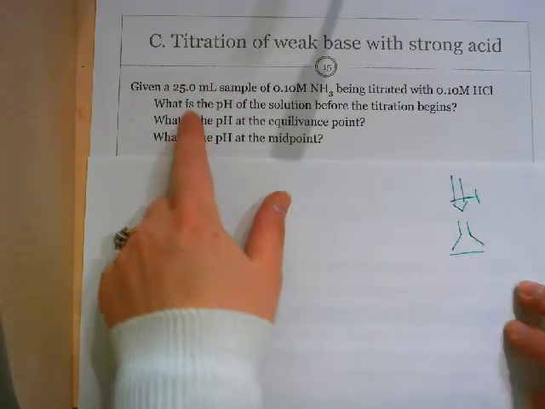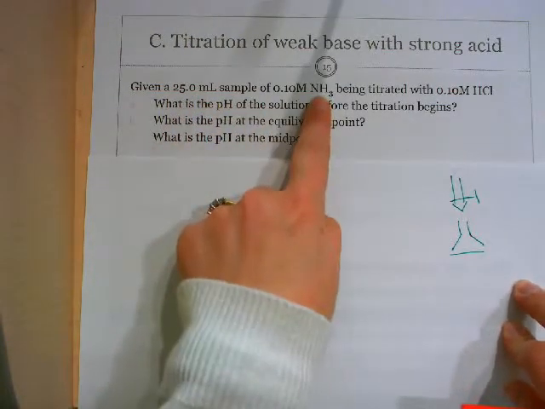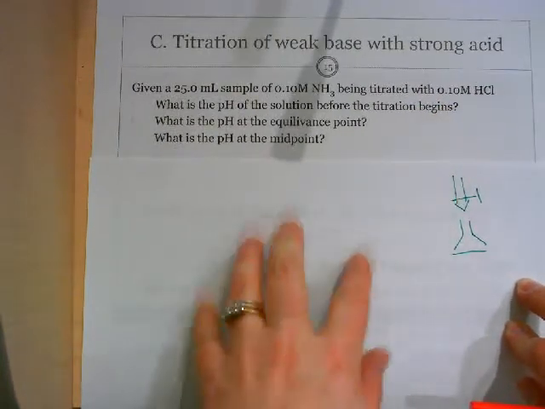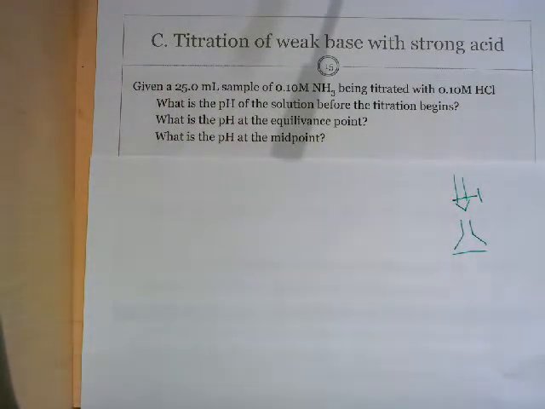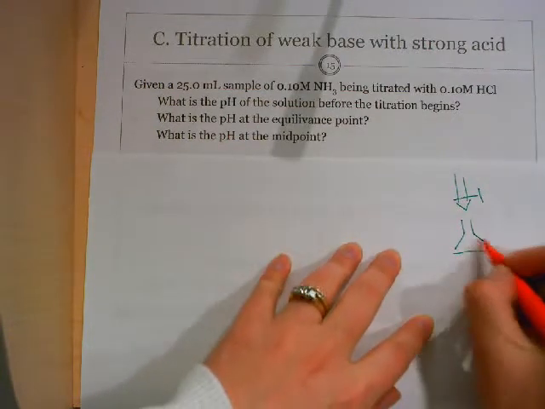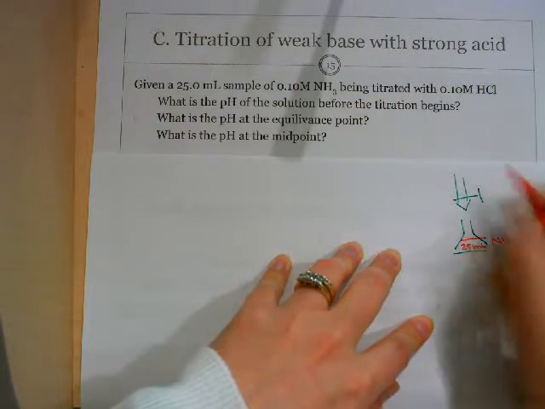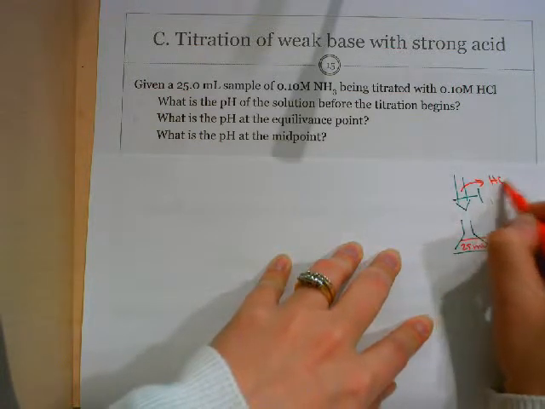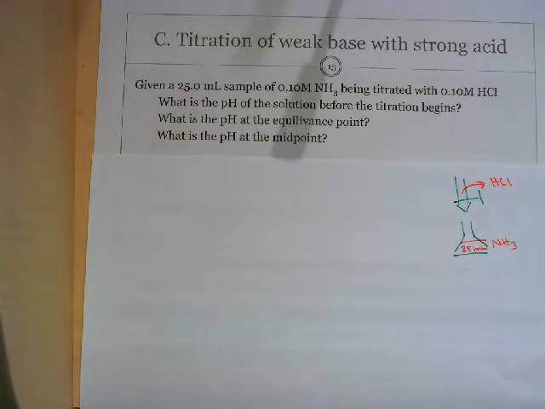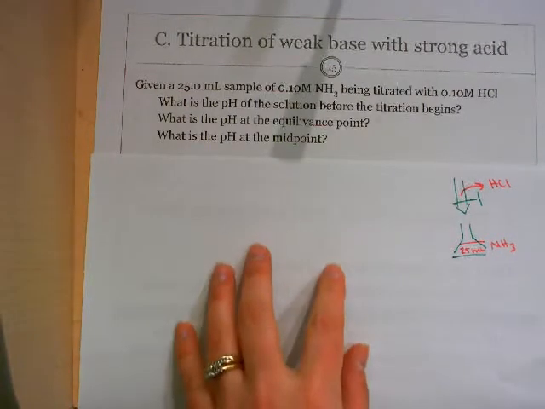So the question says you have a 25 milliliter sample of ammonia being titrated with 0.1 HCl. What is in the flask? 2 options, right? It should be 25 mL of NH3, and the HCl is being added to it.